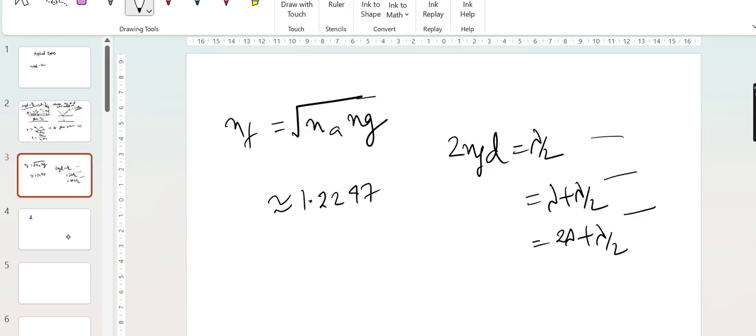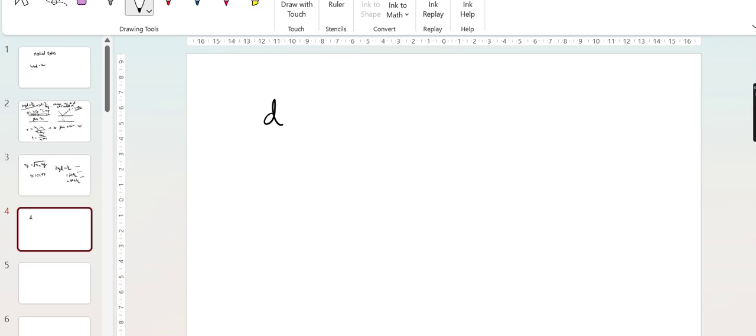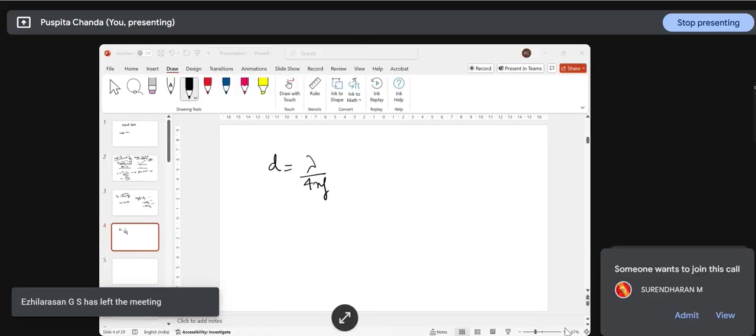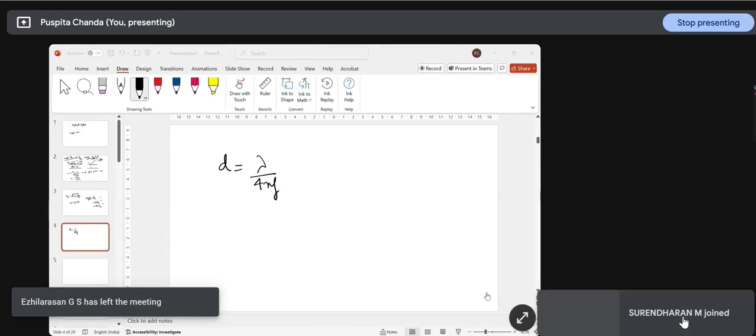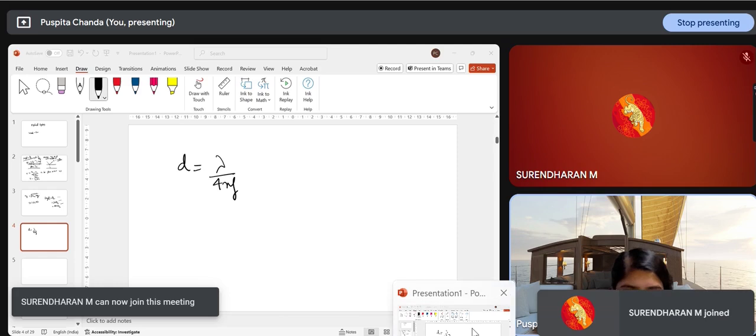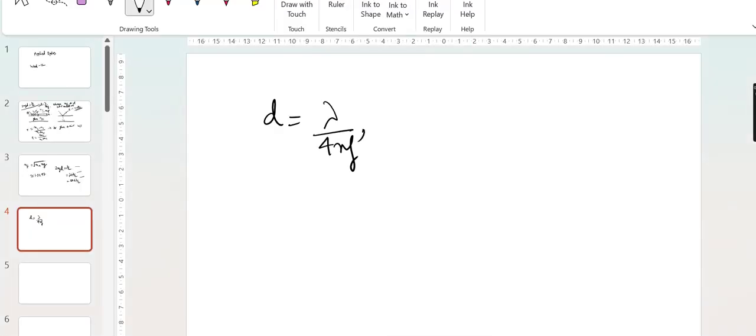So the d value can be equal to lambda by 4 n_f, and it can as well be 5 lambda by 4 n_f, and so on.